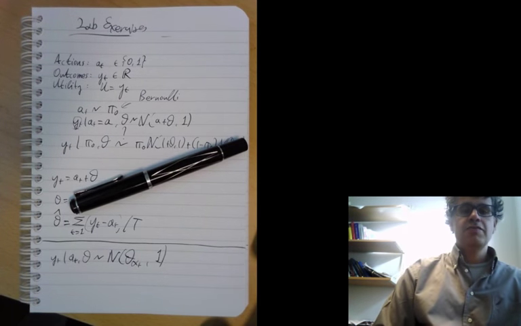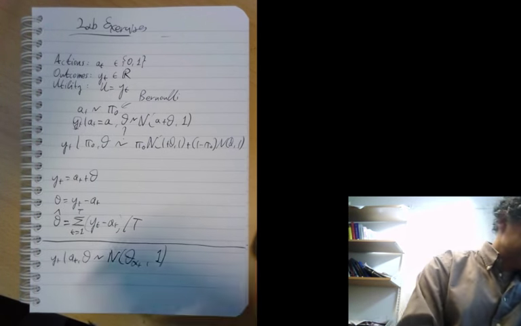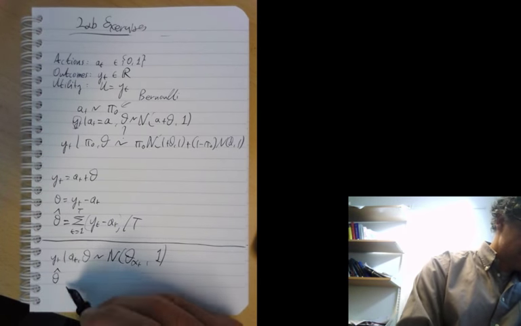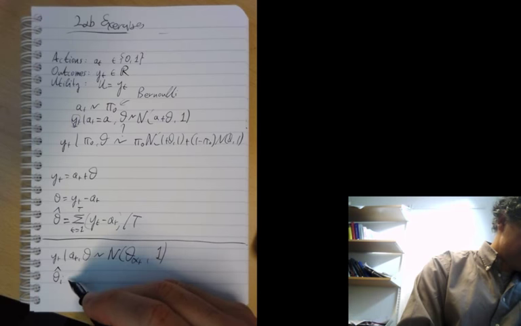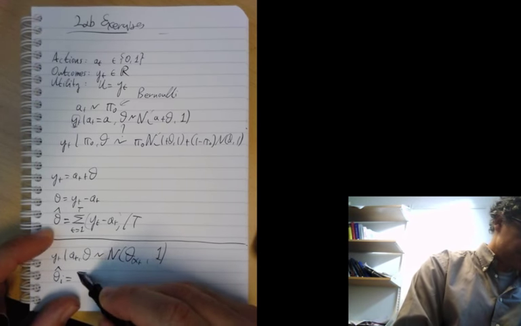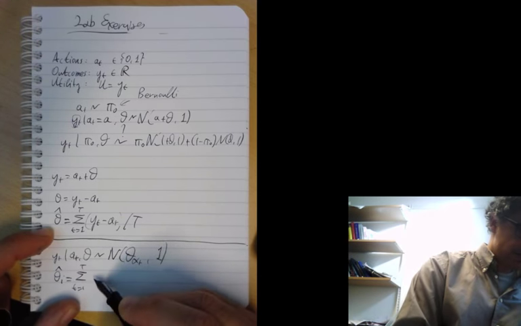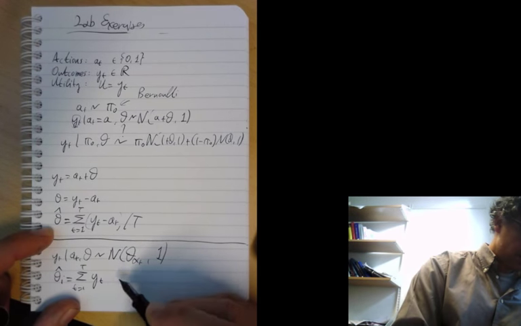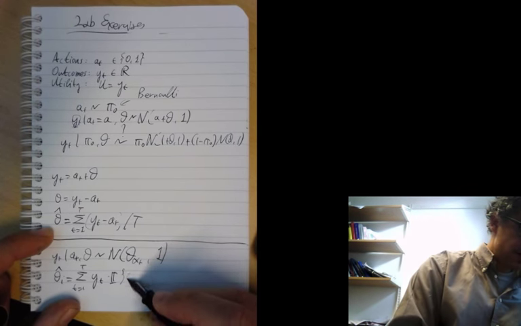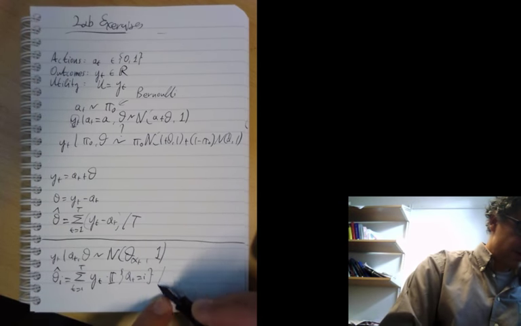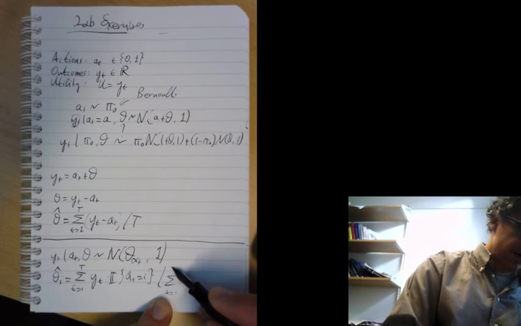So that means we must calculate theta hat_i to be the sum of the responses over the times we have selected i, so here we just count the times where a_t is equal to i, and then we divide by the number of times that a_t is equal to i.